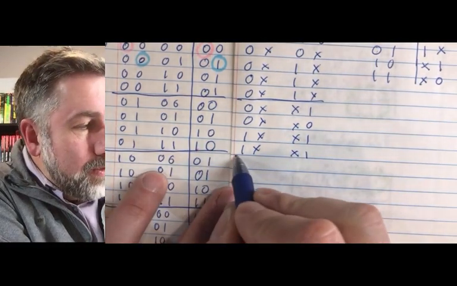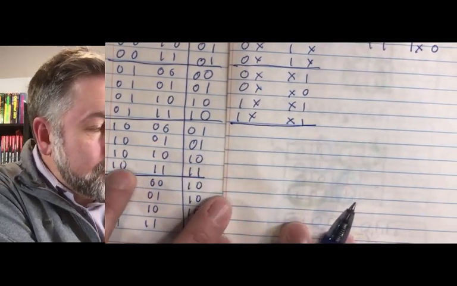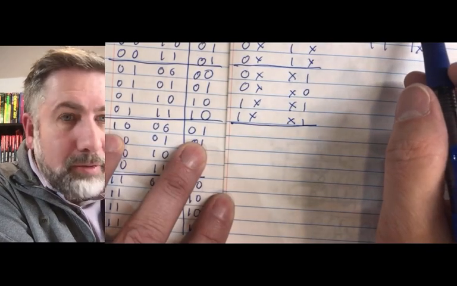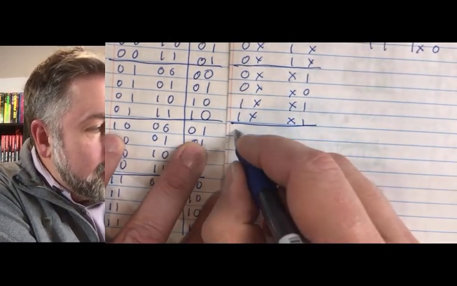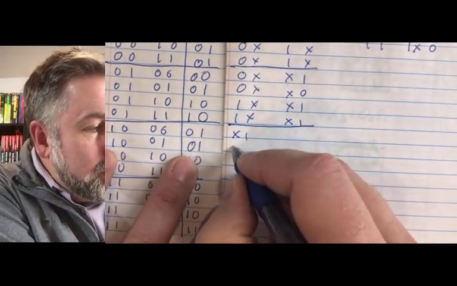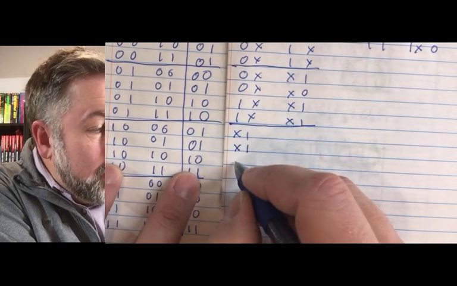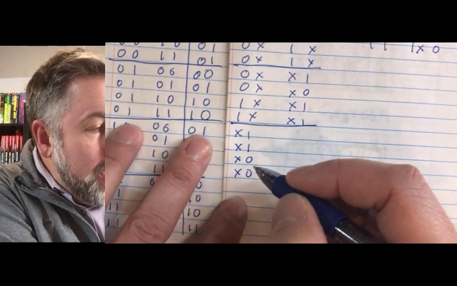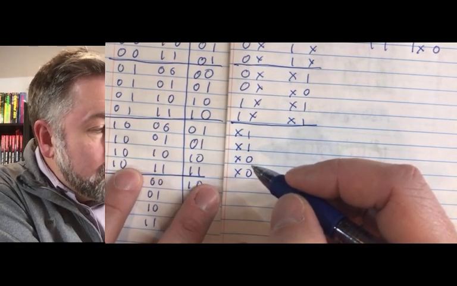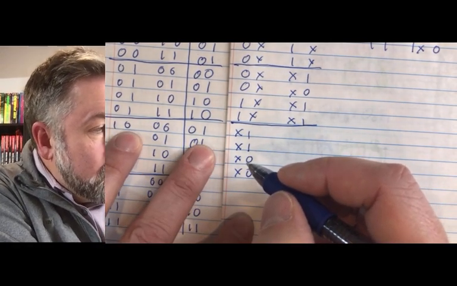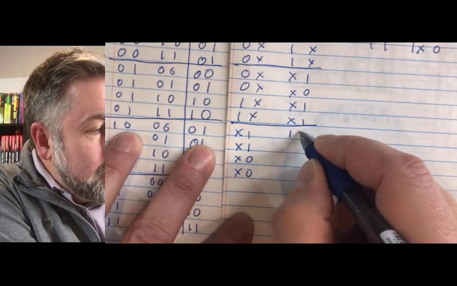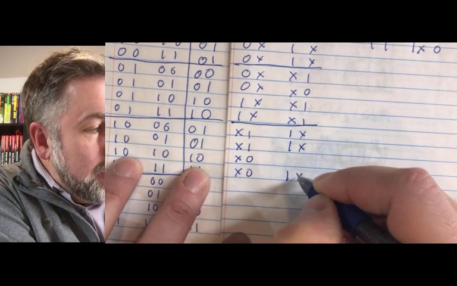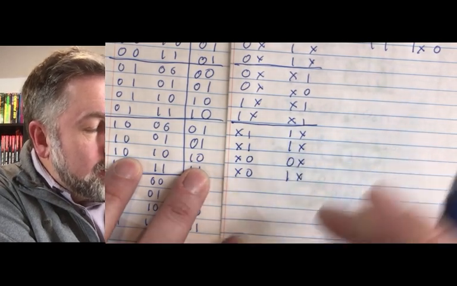Okay? Third row, 1 to 0, I'll go back to my table. 1 to 0 is x1, 1 to 0 is x1, 1 to 1 is x0, 1 to 1 is x0, and then for Q0, these are all zeros, so 0 to 1 is 1x, and 0 to 0 is 0x.